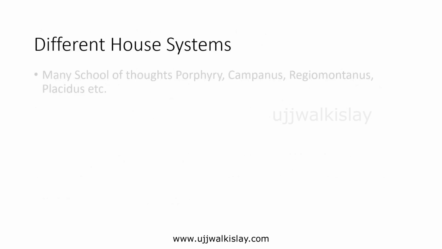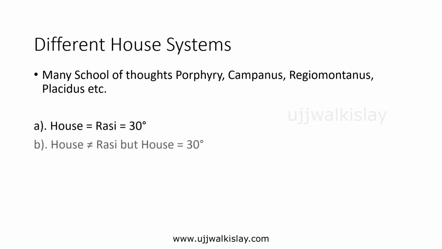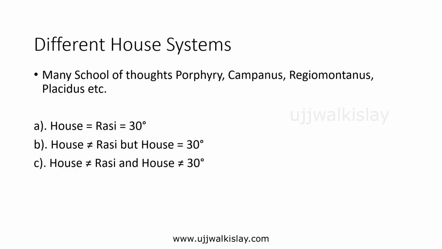Different house systems. There are many schools of thought regarding the house system, such as Porphyry, Campanus, Regiomontanus, Placidus, etc. Basically, there are three options to explain the house. The first is where house is equal to Rashi is equal to 30 degrees. The house and Rashi are seen as equivalent.